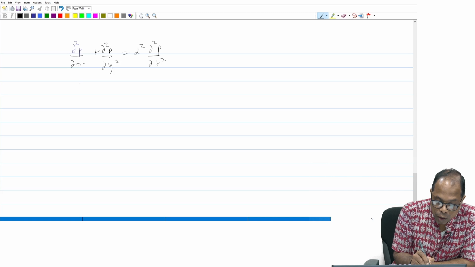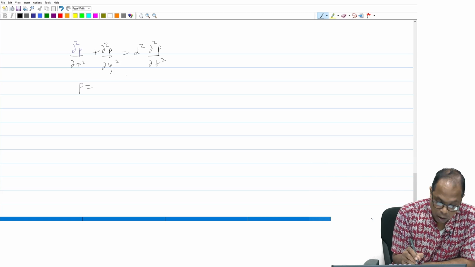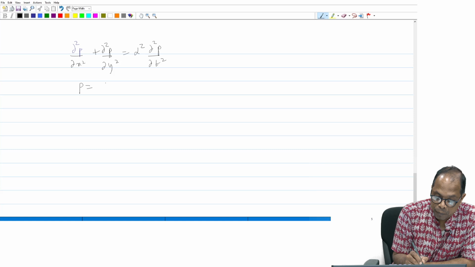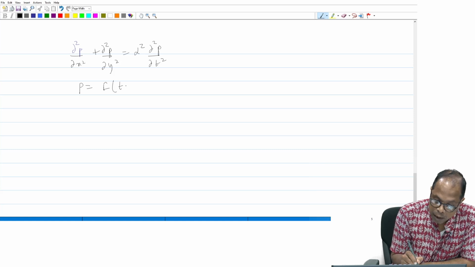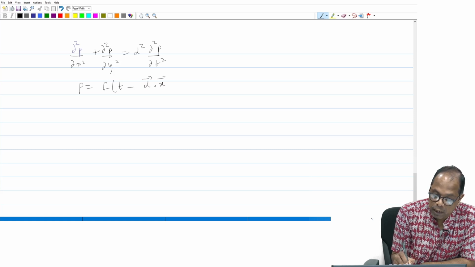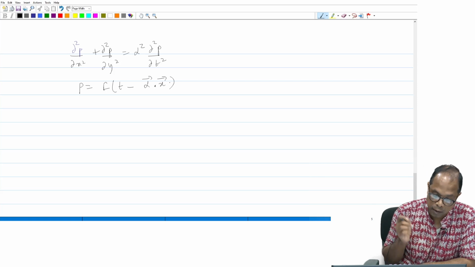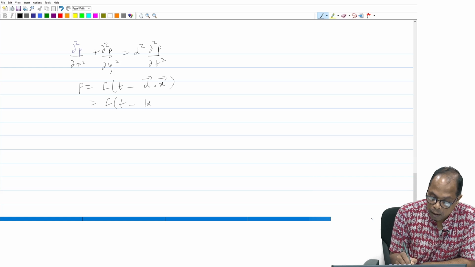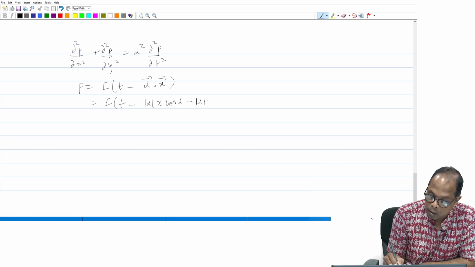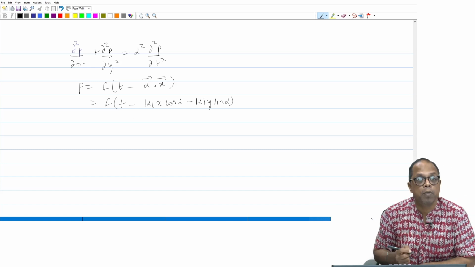Now, the solution to this equation is going to be say f of t minus alpha vector dot x vector, x position vector, not this x. Now, what is this? This is f of t minus cos of alpha minus. Now it's propagating along x and y.